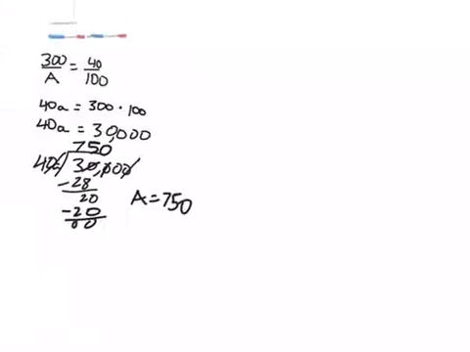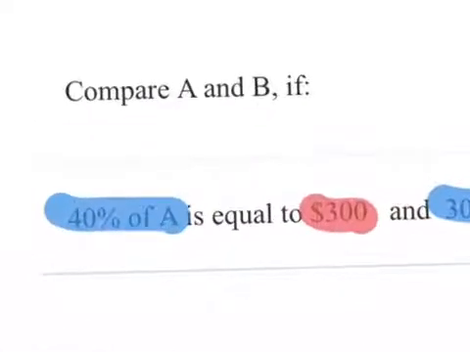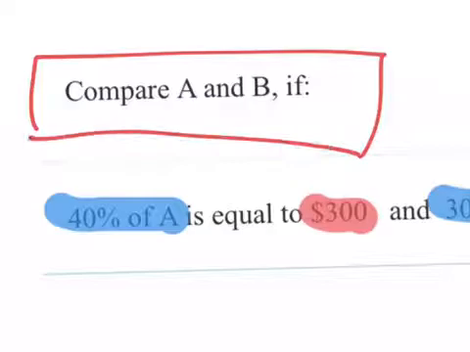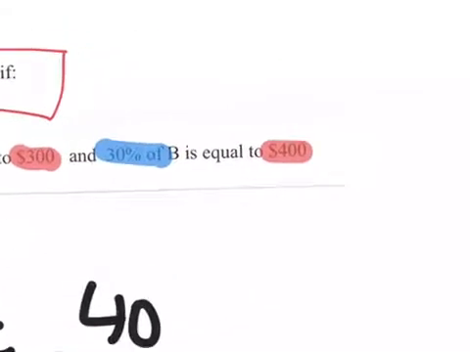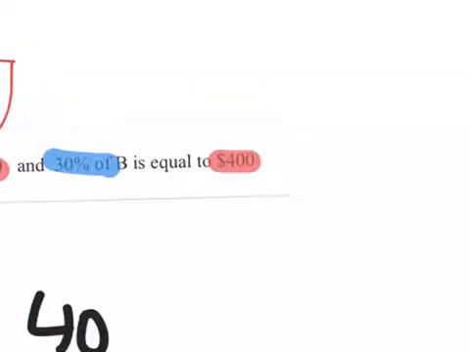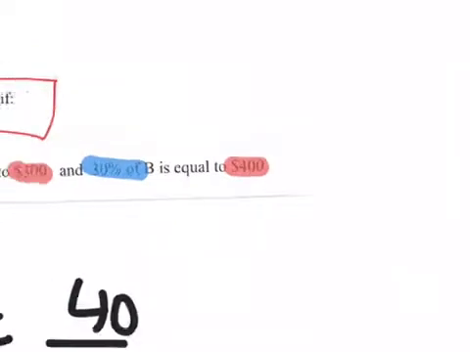And now we have to find the other value. Because remember, because we're comparing. So, now let's see what B says. B says 30% of B is equal to $400.